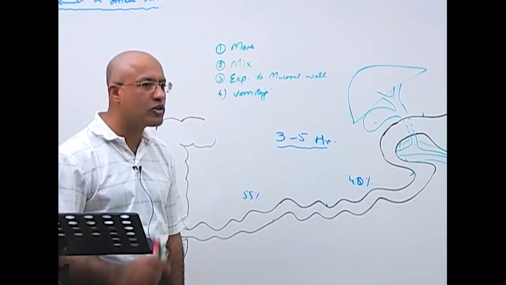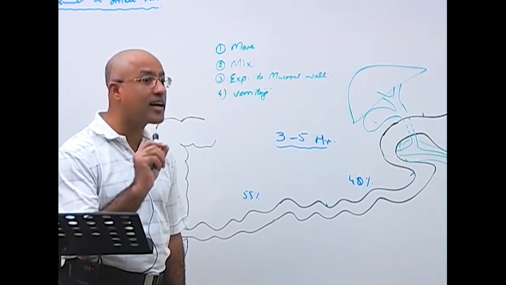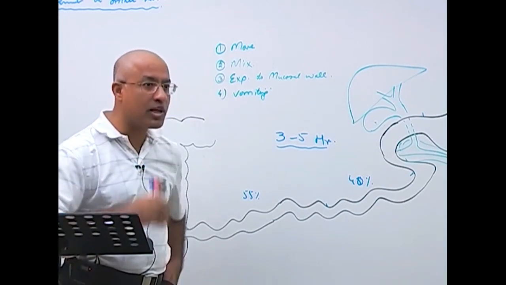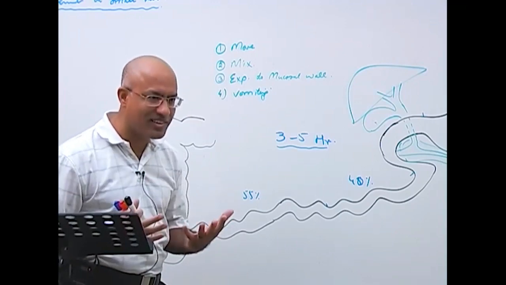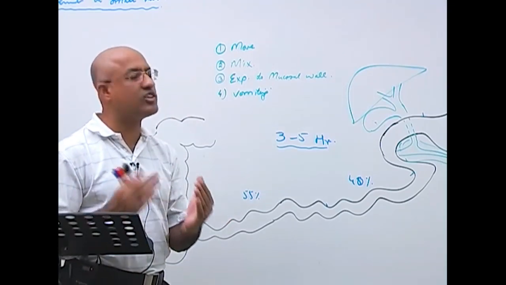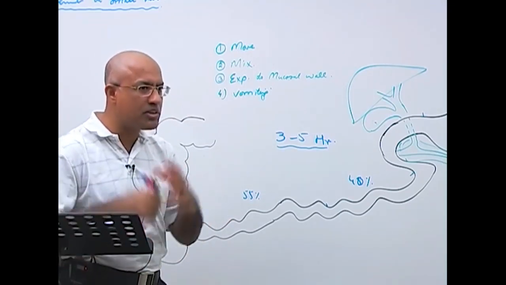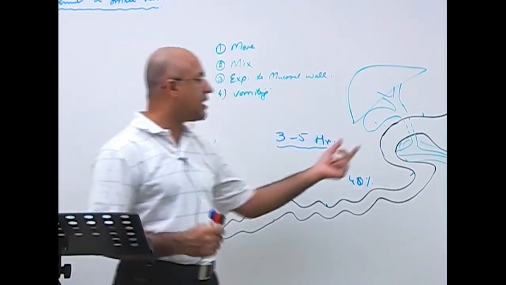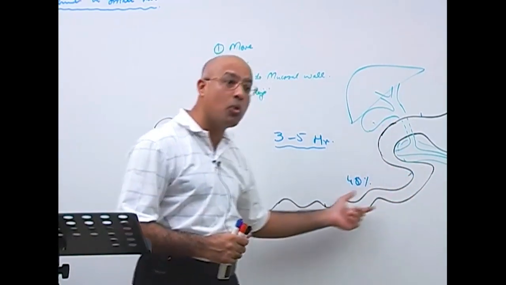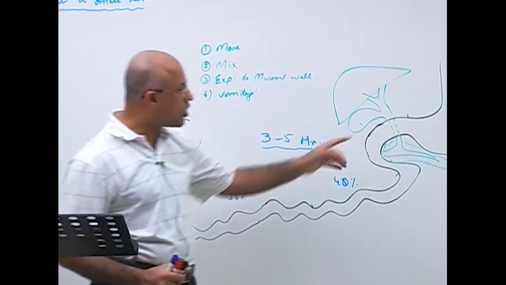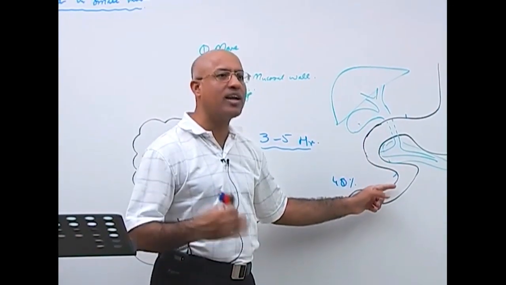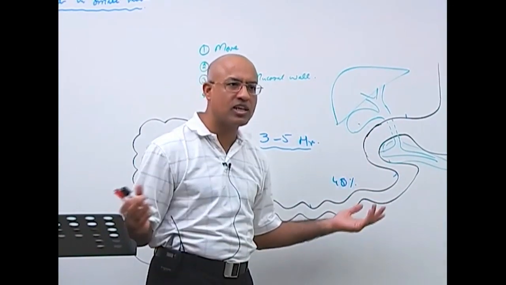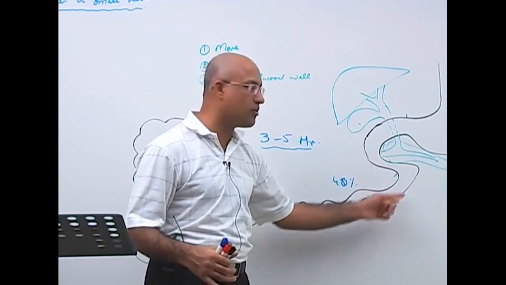Very good. It depends on the nutrients present in the chyme. If the chyme has more nutrients, we need more time for digestion and absorption, so if chyme is very rich in nutrients, this movement will become slow. But if the contents of the small intestine are poor in nutrients, we don't need much digestion and absorption, so of course the movement will be faster.